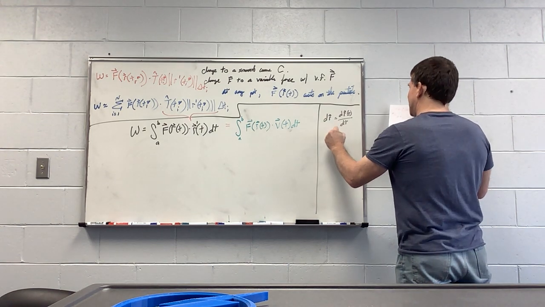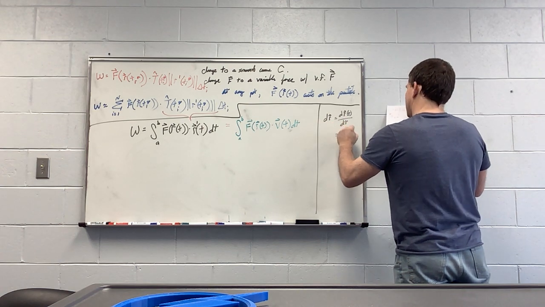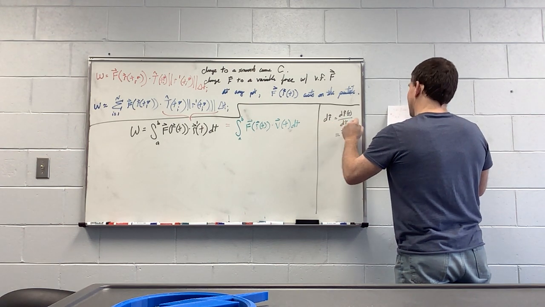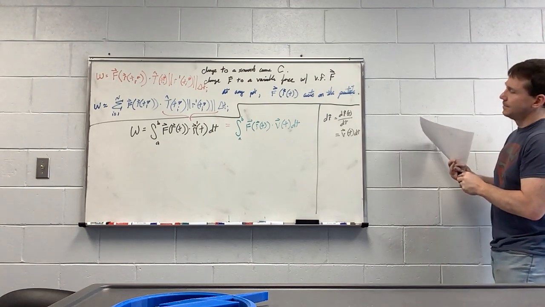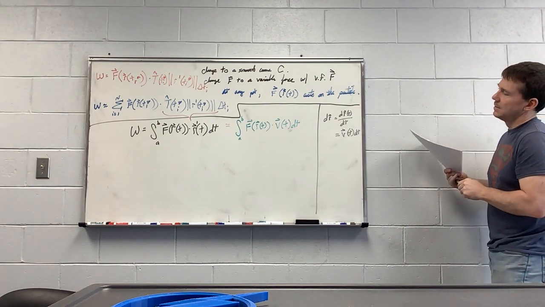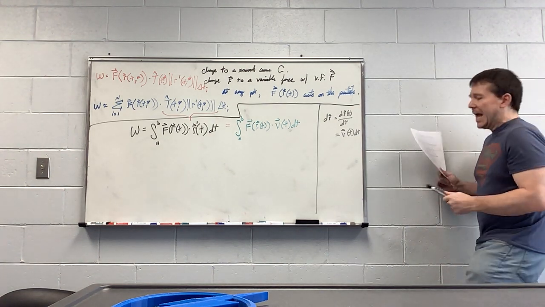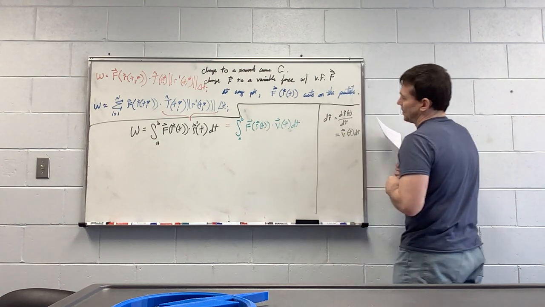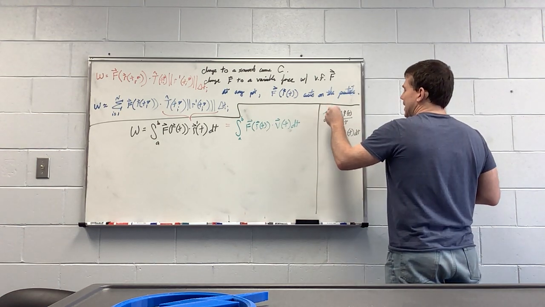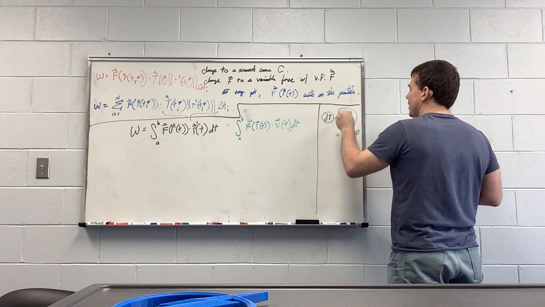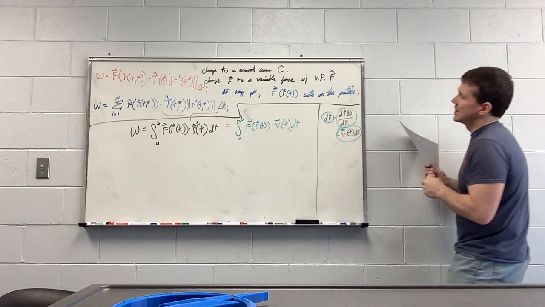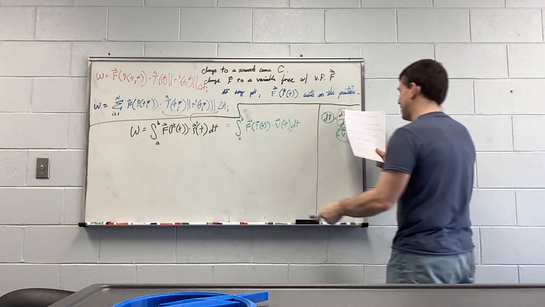But then by definition, that is also v of t dt. And that may not look like much, that we essentially have this, or this, or this, different ways of saying the same thing.